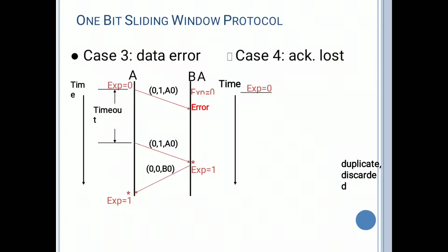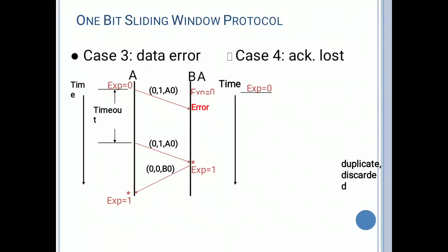Once it is received by B, what will B do? By applying detection algorithms, it will detect the error. Many detection algorithms are available, and any of them can be used to detect the error.